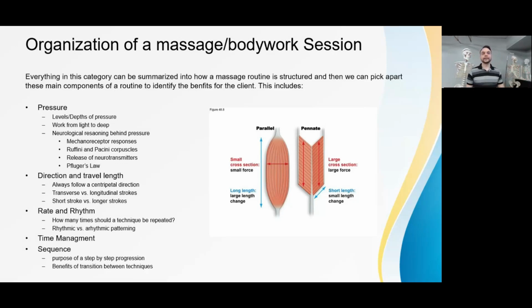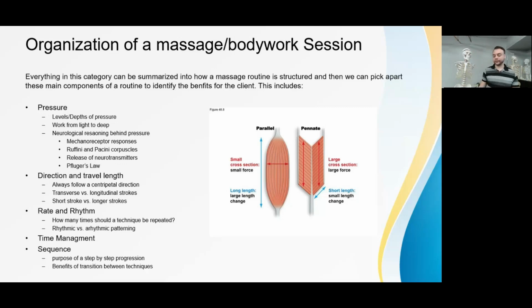If we were working the rhomboids or the other interscapular muscles, maybe even the middle trapezius, our strokes would be pretty short. Our excursion would be relatively short and quick because of the space limitation there.